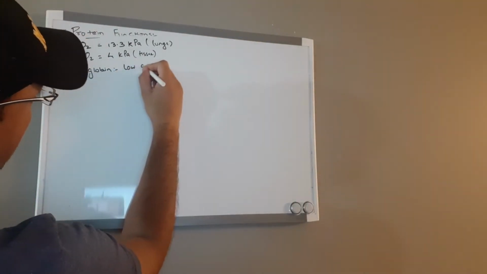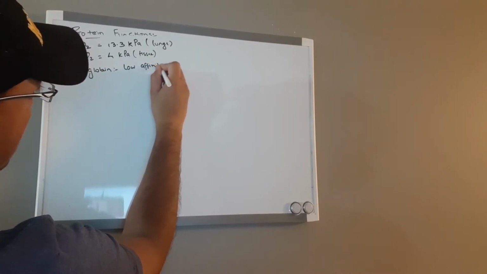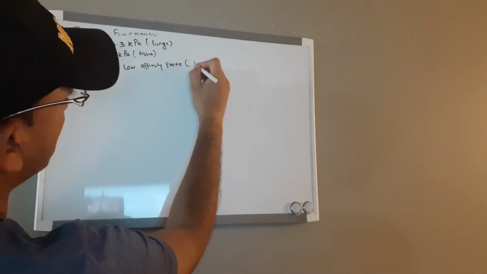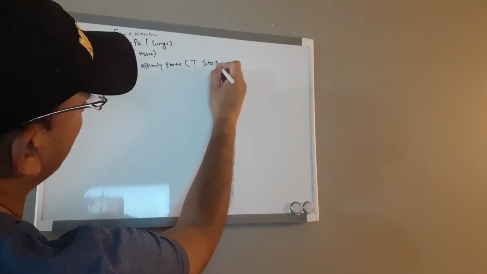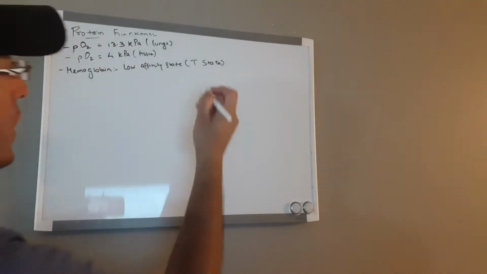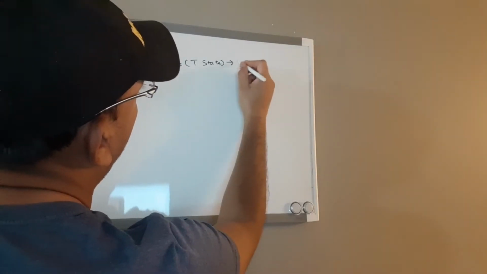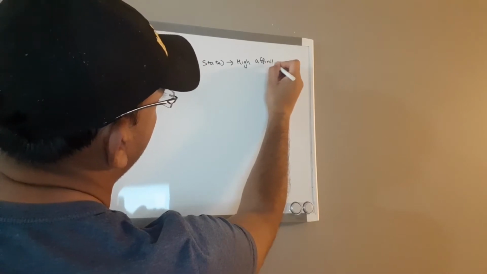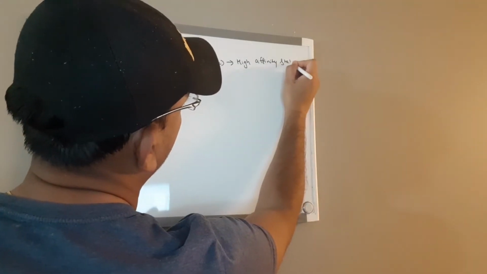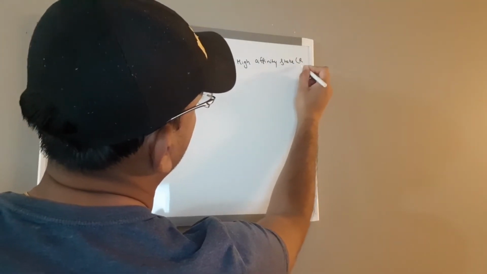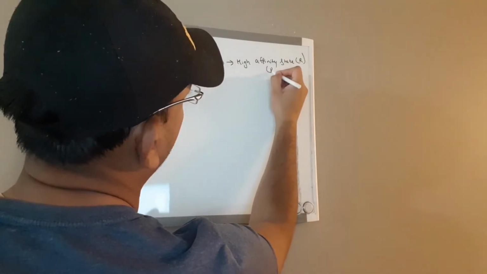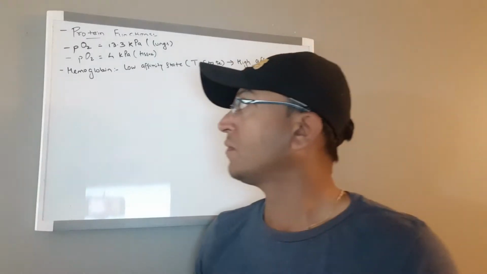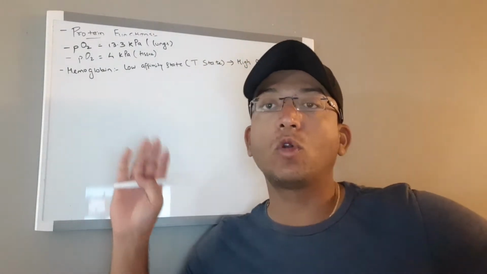The last time we studied about this, the low affinity state is the T state, to the high affinity state, the R state, which I will write down here.